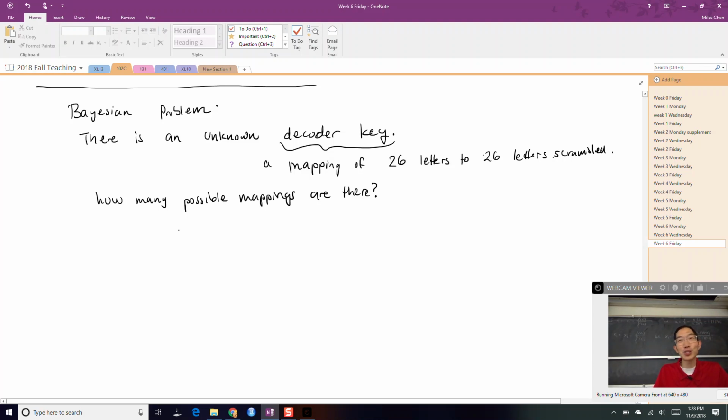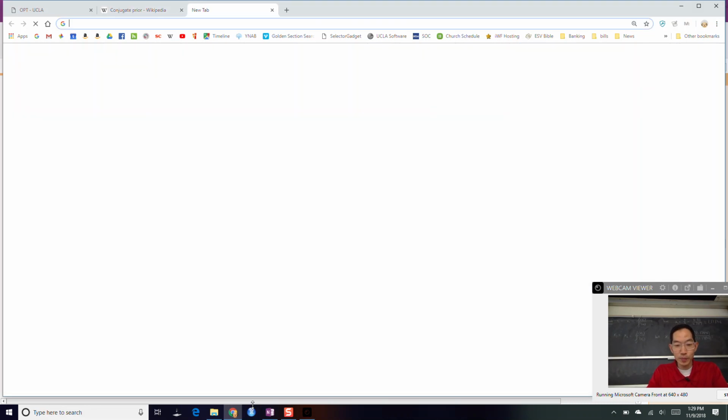I feel like somebody should know this answer. 26 factorial. Thank you. There's 26 factorial possible mappings, right? Because the letter A can be mapped to any of the 26 letters, and then B can be mapped to any of the 25 remaining letters, and C can be mapped to any of the 24 remaining letters, all the way down until you get to the end where the last letter has to be mapped to the last remaining letter. Okay, so there's 26 factorial, and what is 26 factorial?